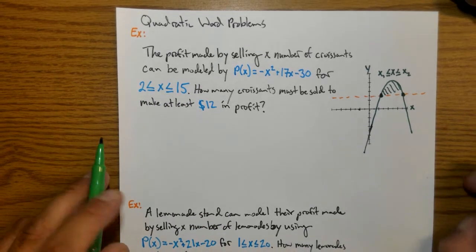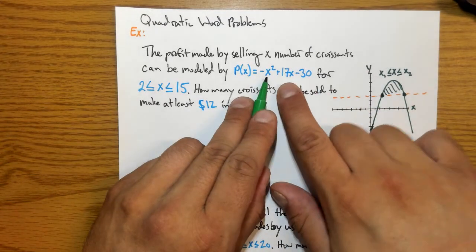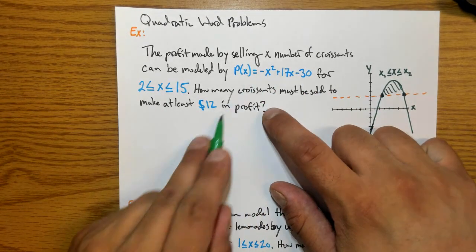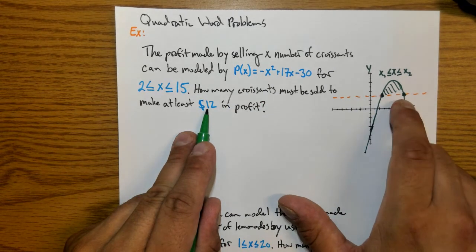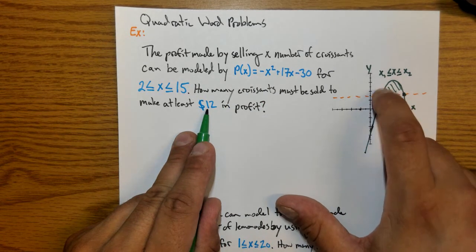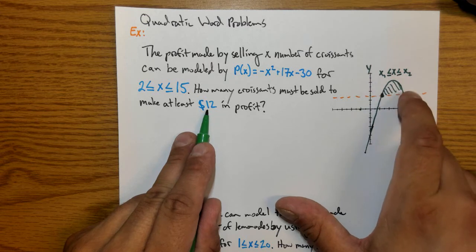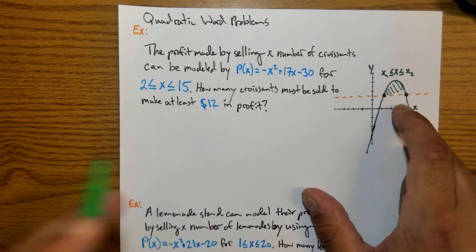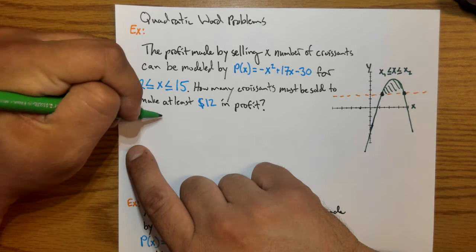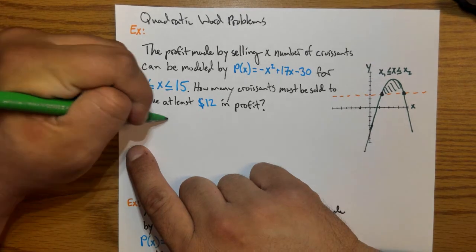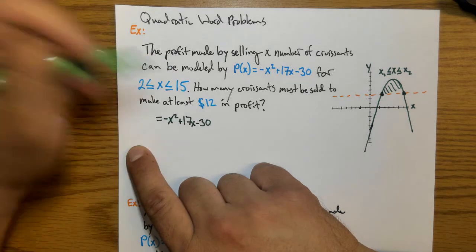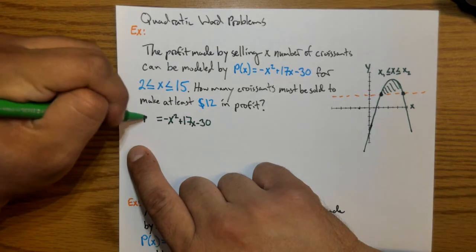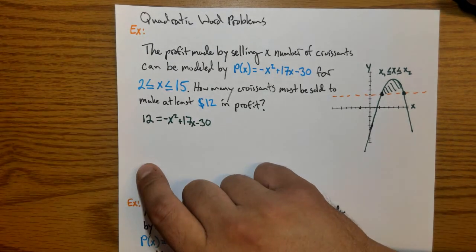So what we want to do is we want to know when this function will equal $12, because that would give us our 2 points, right? And then everything in the middle would be the profit. So how about we set our function, which is negative x squared plus 17x minus 30, equal to 12 and solve for x?